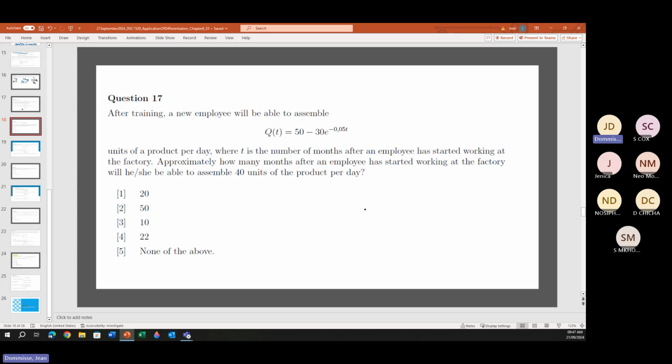Okay, so I included this one specifically because when we look at it, we're wondering, okay, but what must we do? Must we differentiate? Must we integrate?